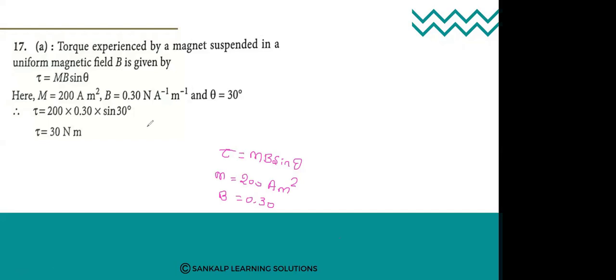So sine 30 is 1 by 2, we know that already. If you simplify, the torque value will be 30 Newton meter. So torque, time period, and the magnetic field, only 3 formula questions will come. This is also not from this chapter actually, we learned the formula in previous chapters. Yes, completed?